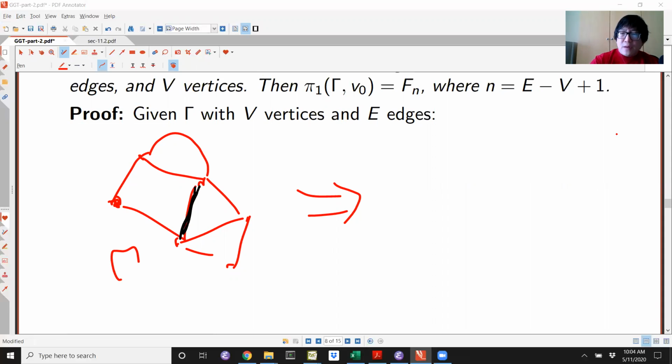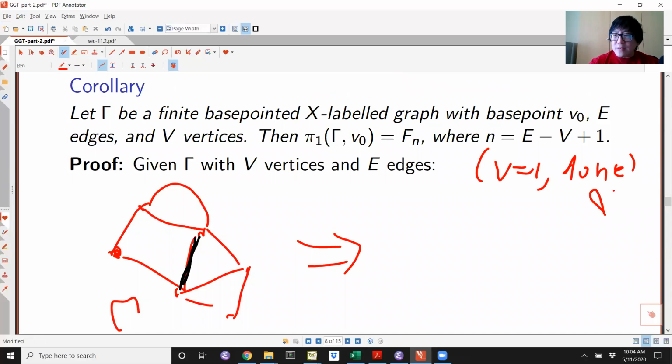I should note that if v equals 1, then we're done. We saw before, and this is kind of the definition of the free group, that the graph with one vertex and n loops has pi one equal to Fn.